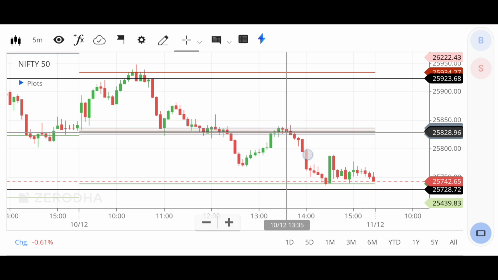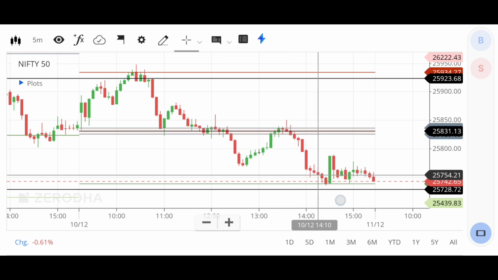So it's not opening above that, which means it has not broken the CPR yet. So I waited for this 1:35 candle to close even though it reached my stop loss. Okay, so it's a good risk that I felt at that time. As per my prediction, it closed inside the CPR only.